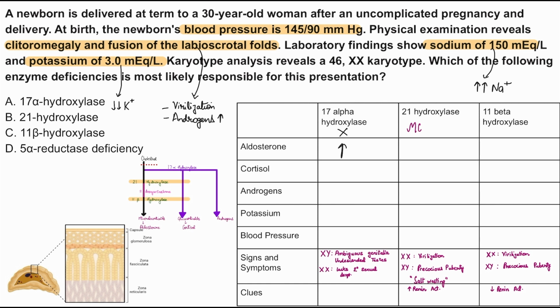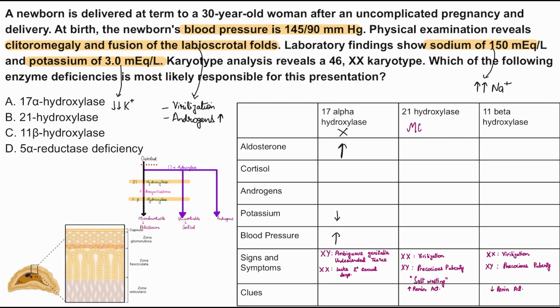So the aldo level is going to get elevated, of course. Then if aldo is getting very high, we know that aldo retains sodium and water, it will elevate the blood pressure. And once the RAS system is getting activated and aldosterone comes into picture, it thrashes the potassium. So the potassium is going to be low.